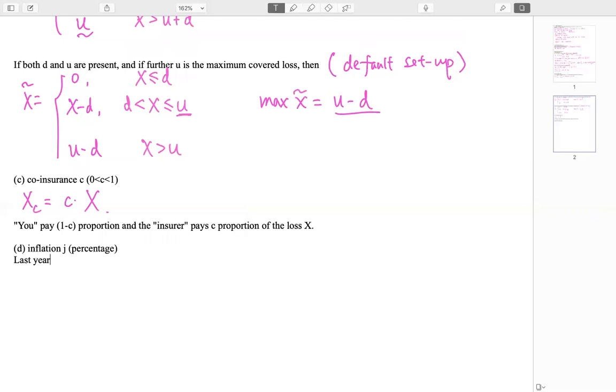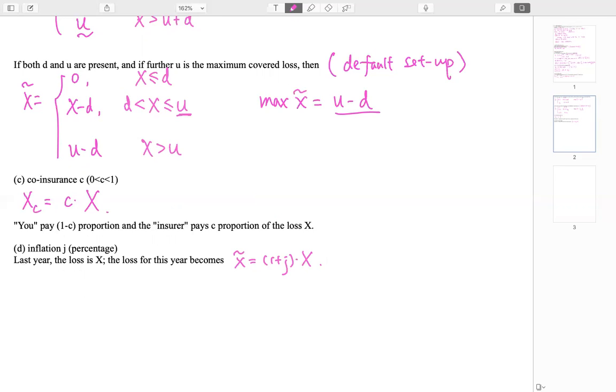Let's say last year the loss is X. If you consider inflation, the loss for this year becomes X tilde. X tilde equals, so in this case we have a new loss. It will be 1 plus J times the original one. So that is what inflation does: the size of the loss will go up by percentage J.